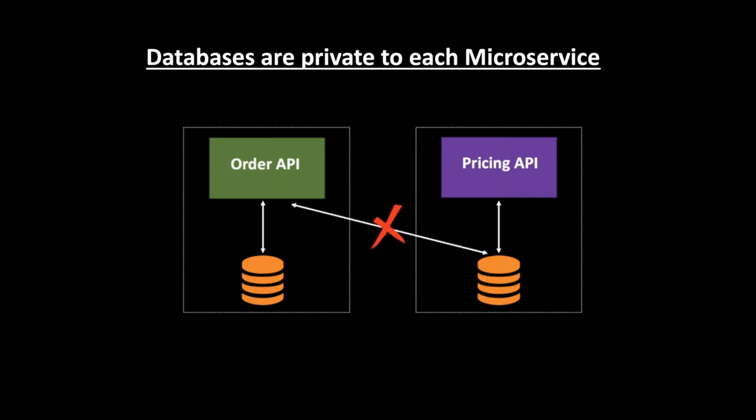So in this diagram, the order service should not directly update the pricing service database. It should only access it via the microservice API. This helps you achieve consistency in your microservices architecture, or else very soon, once you have multiple components talking to each other, you will lose the integrity of data.